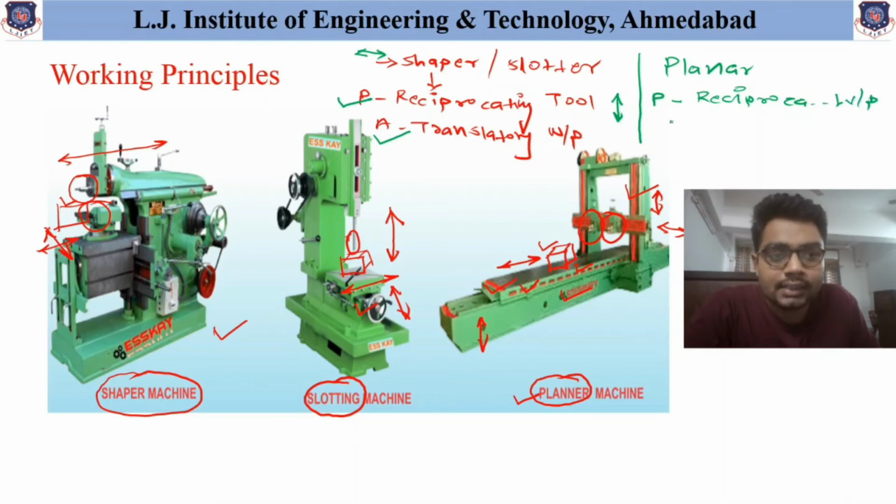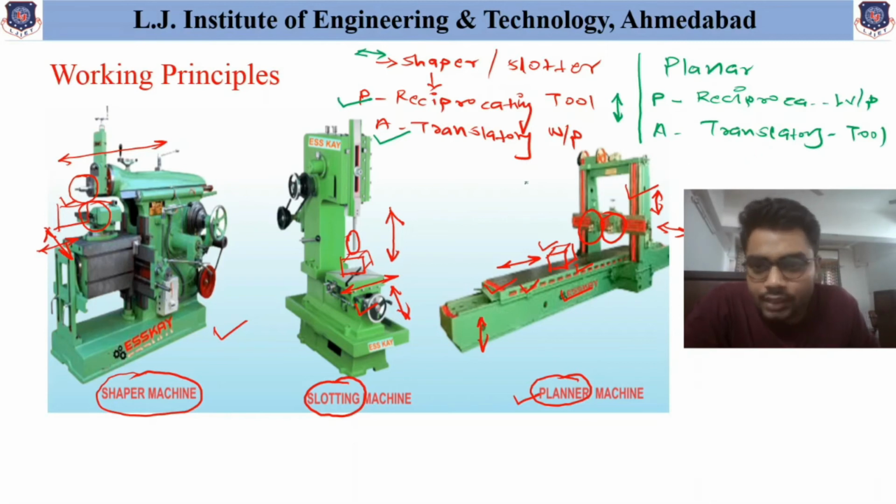In this case, the reciprocating movement of the workpiece is our primary motion, and the auxiliary motion is the translatory movement of the tool. So this is our auxiliary motion. These are the basic working principles of these three different machines.